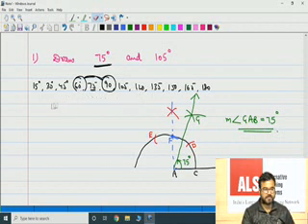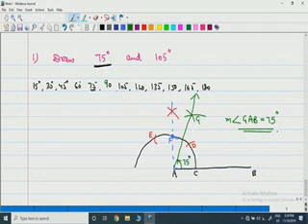So you can see over here, this is 105, and 105 is lying exactly between this 90 and 120, or 75 and 135 also.